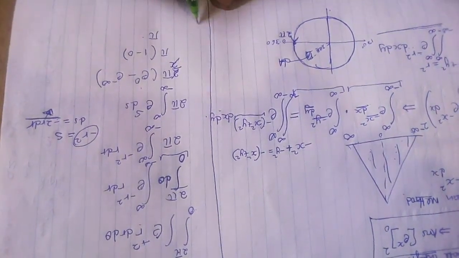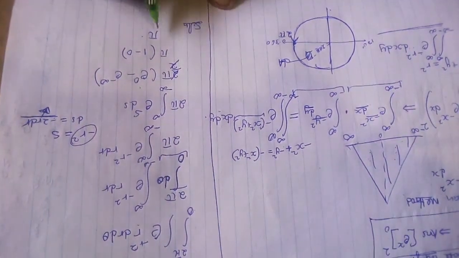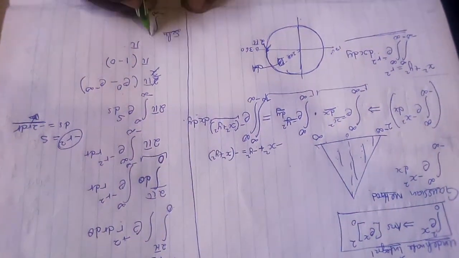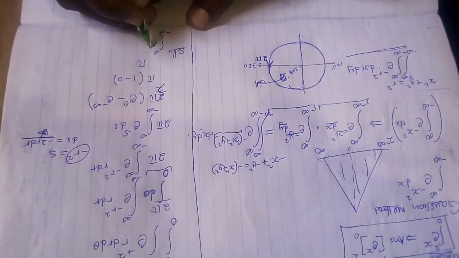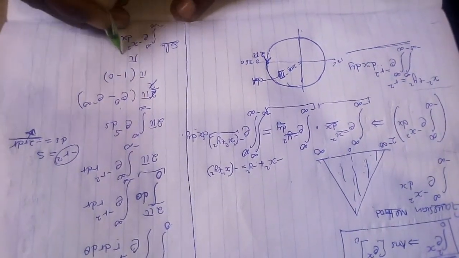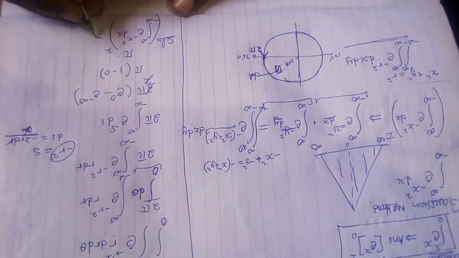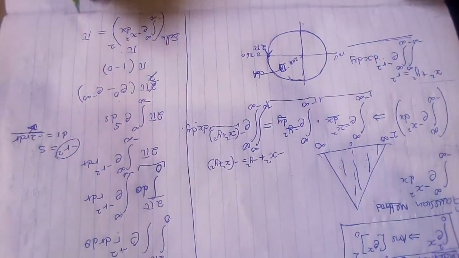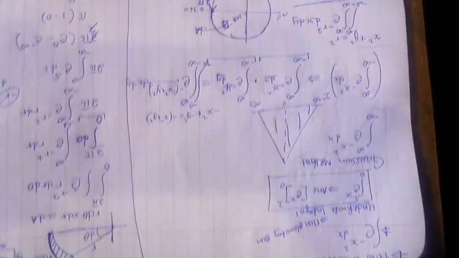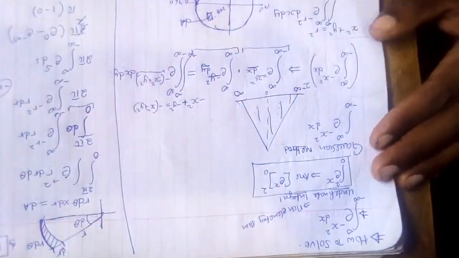So our solution was that the integral from negative infinity to infinity of e to the negative x squared dx, into bracket squared, is equal to pi. So back to our question, it was how to solve the integral of exponential of negative x squared from negative infinity to infinity.